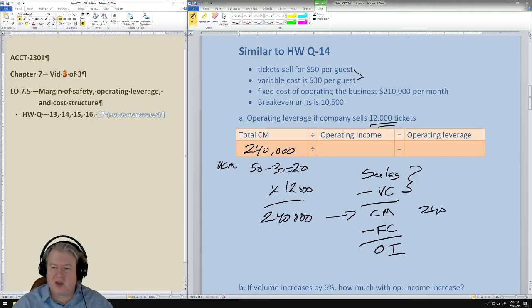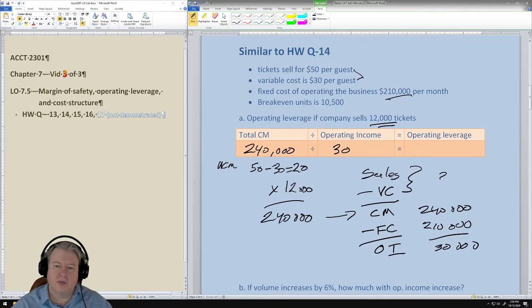That's 240,000. So it's almost as if we don't need to know this. We already have the resulting number. And we do have fixed costs, 210,000. So our operating income here is 30,000. So when we divide those out, it comes to an operating leverage of 8.